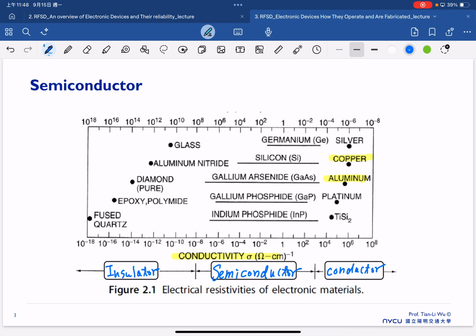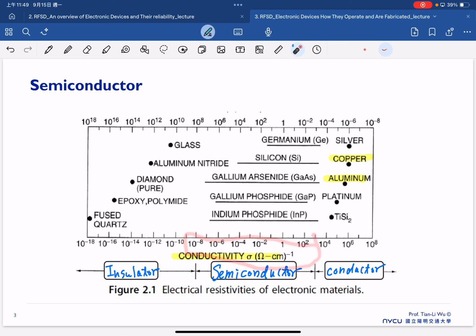So now you can see that one of the most powerful performances of semiconductor is that we have a very wide range of conductivity. You can have a conductivity very conductive like the metal, but you can have the conductivity very close to the insulator, and in between we have this huge variation.